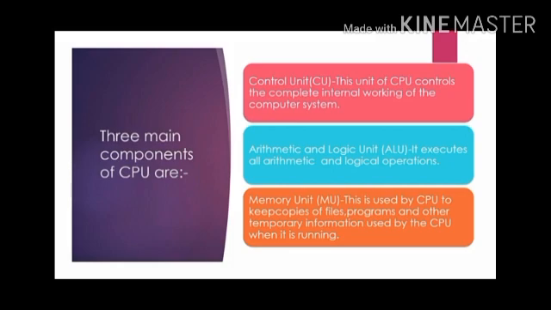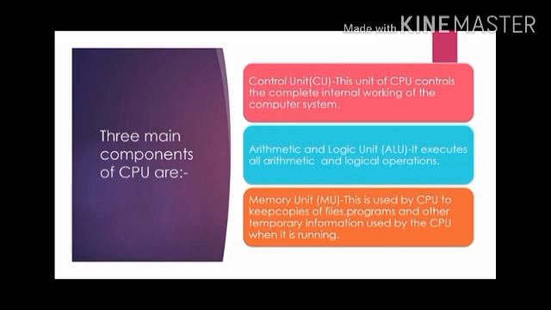It also performs the logical operations, whereas the control unit controls all the activities of a computer. It checks the result given by the ALU. And the memory unit, which is the storage device of a computer, is called the memory. So the memory unit stores the input and output data.